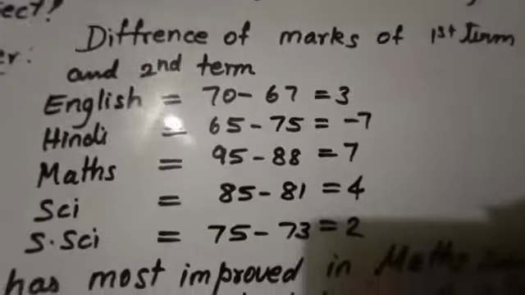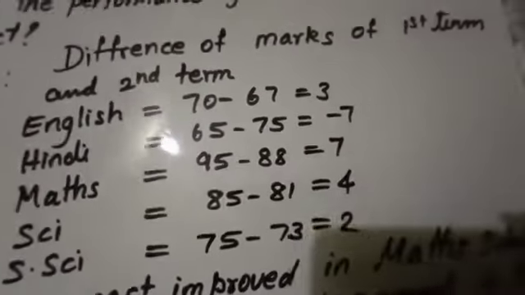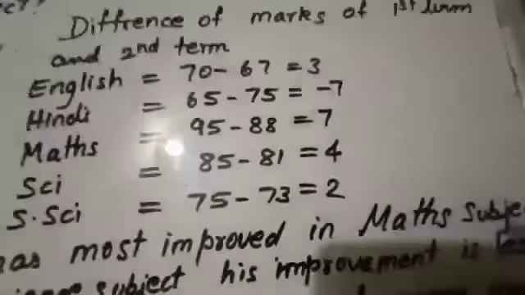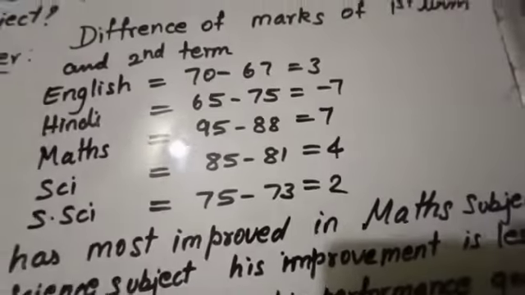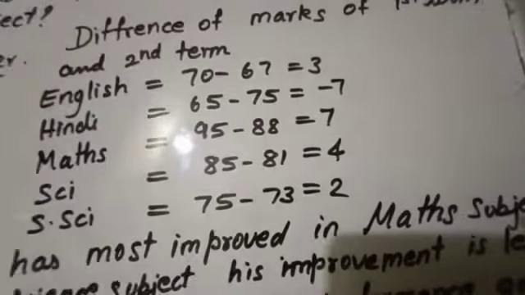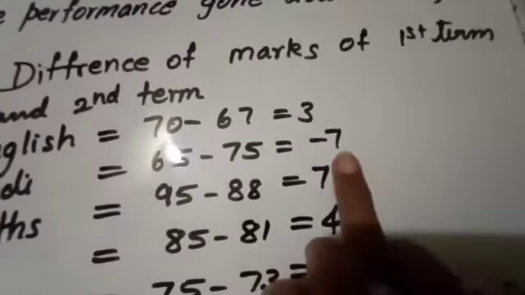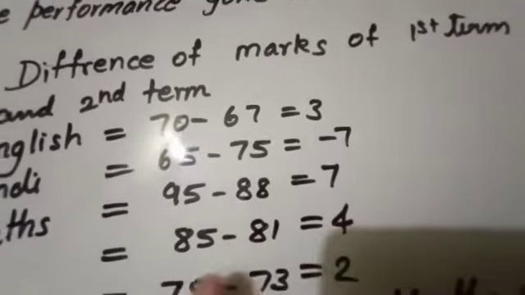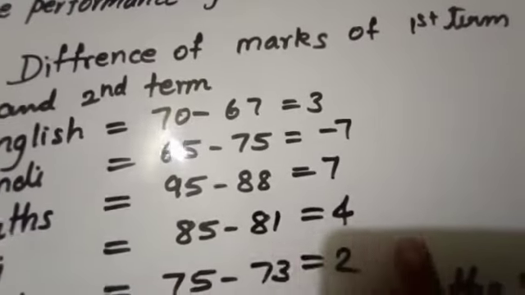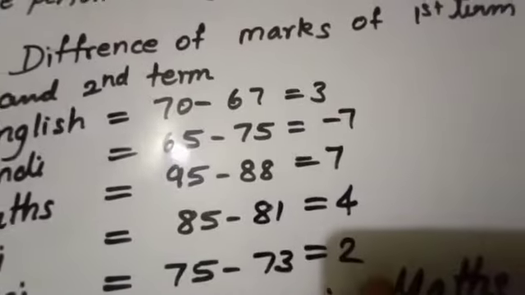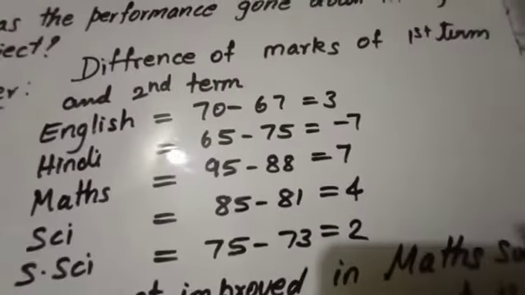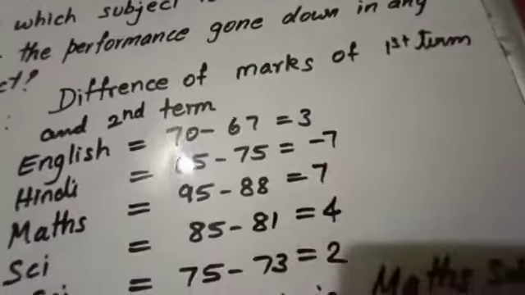Hindi: 65 is the second term, 72 was the first term, so the difference is minus 7. Maths: 95 minus 88, 7 marks. Science: 85 minus 81, 4 marks. Social science: 75 minus 73, 2 marks. So everywhere there is an improvement, but only Hindi has come down.